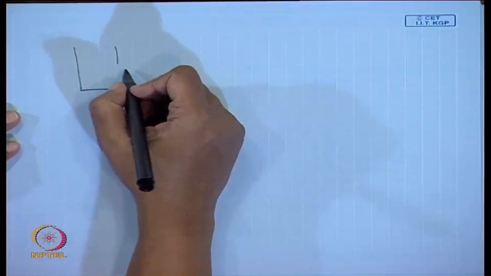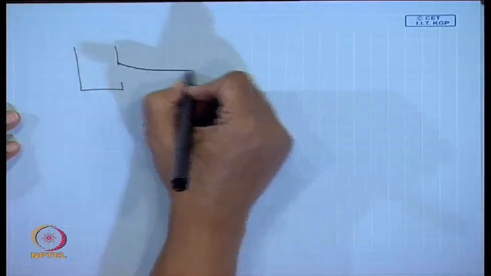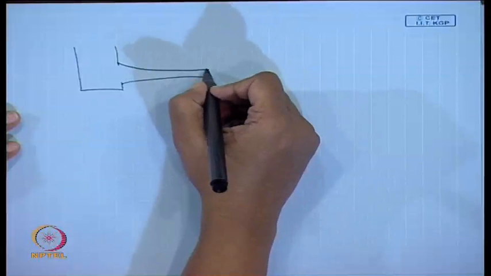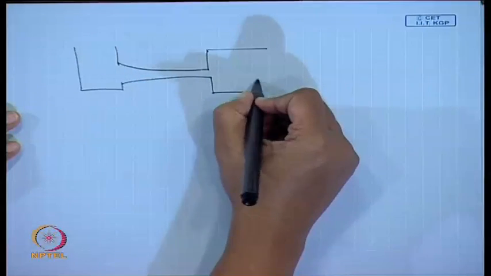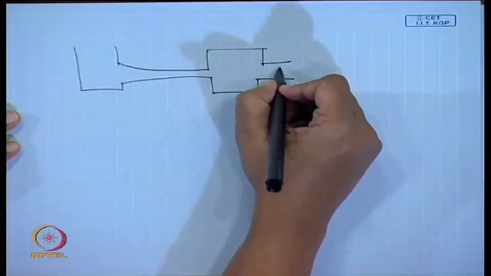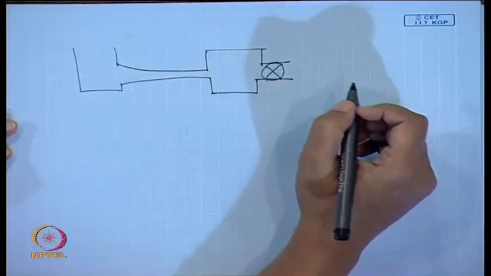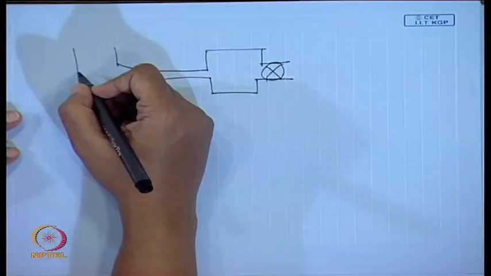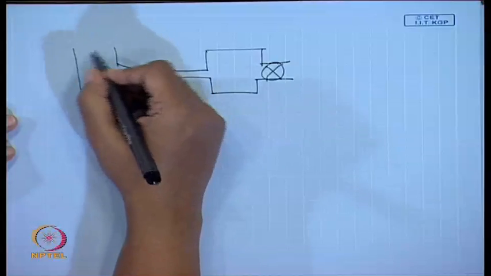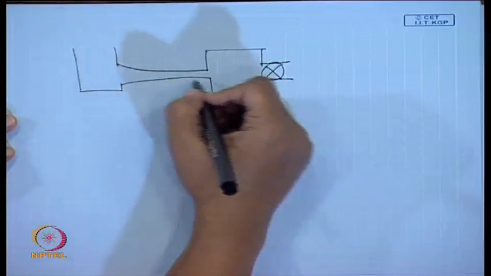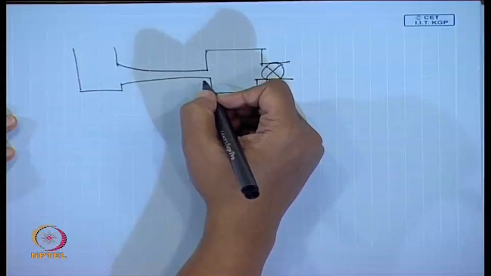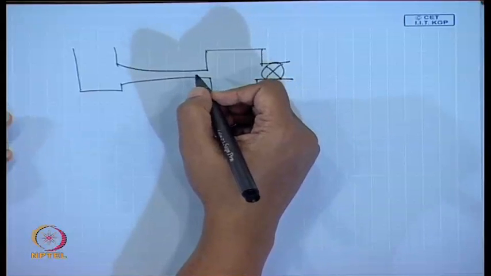Now, let us see one more thing. Suppose from a very large reservoir, say, the flow has initiated in a nozzle, okay, and this is connected to a container which has a valve. Okay. Now, since the flow has initiated from, say, a tank and flow is occurring under isentropic conditions, what do we know?